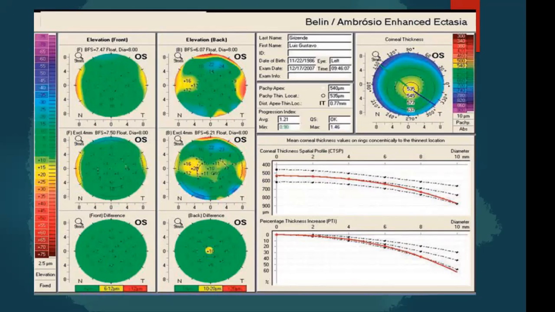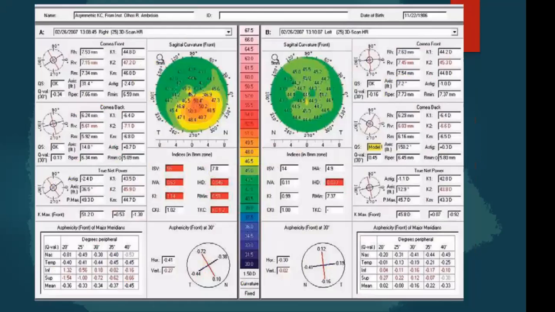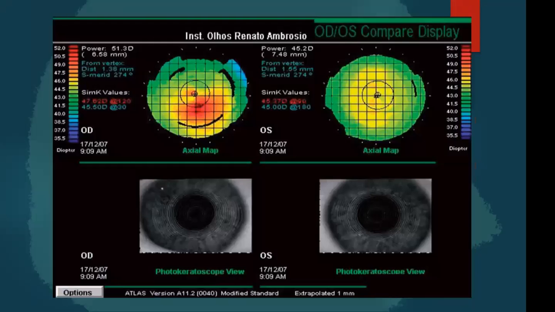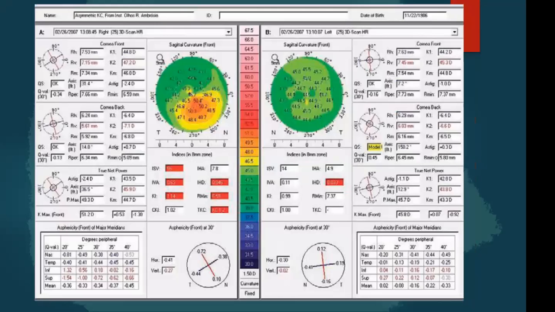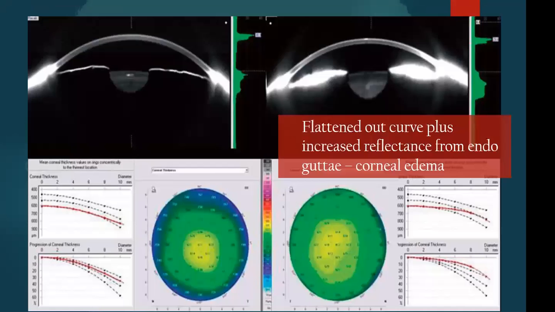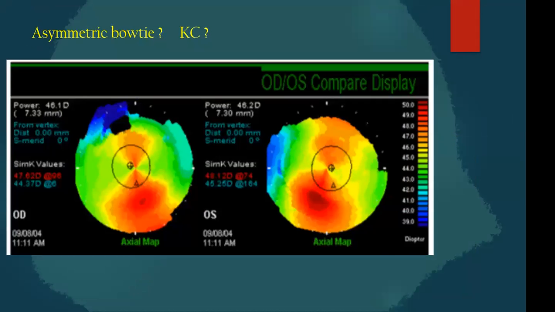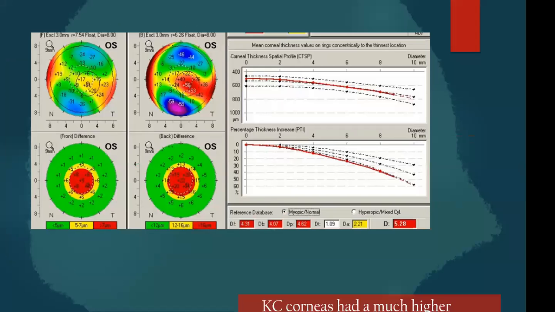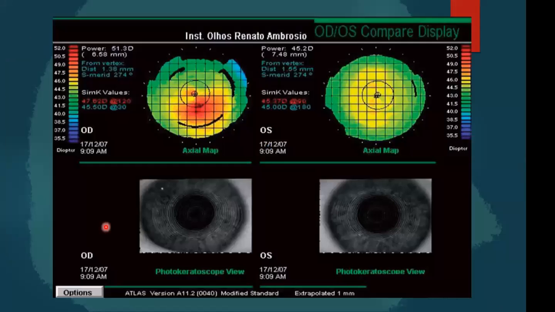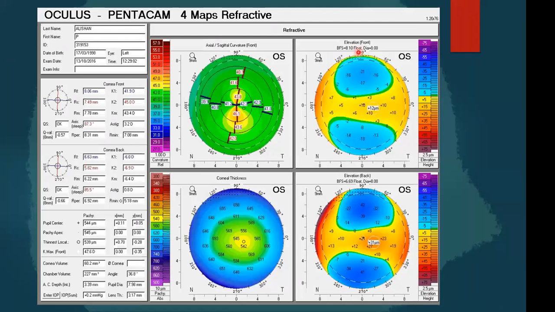So let's take this topography. This is some quad map, I'll show you an image. Pentacam, one second, a quad map. So we'll just take this quad map analysis of this patient.